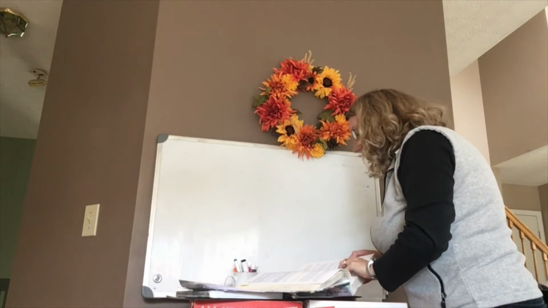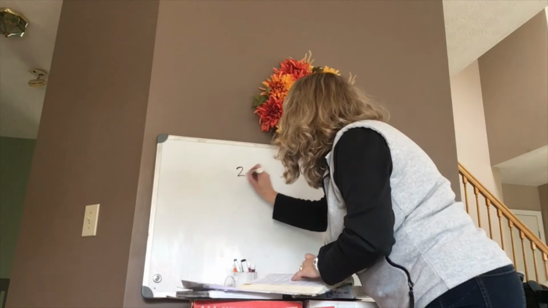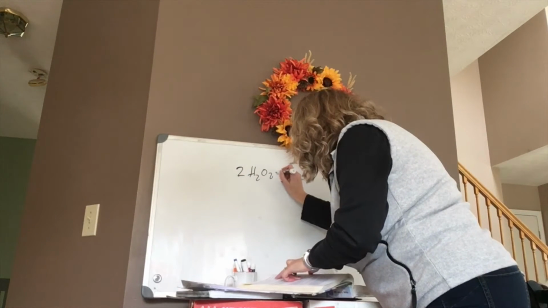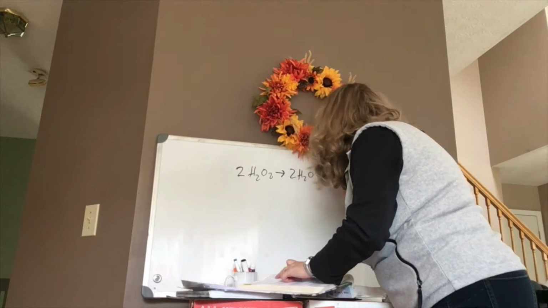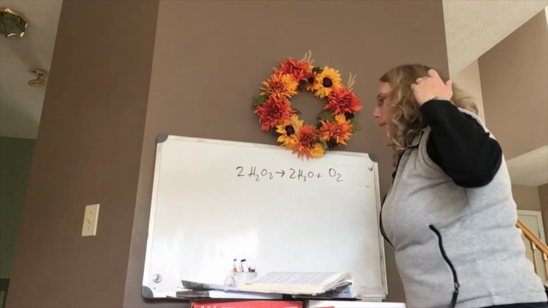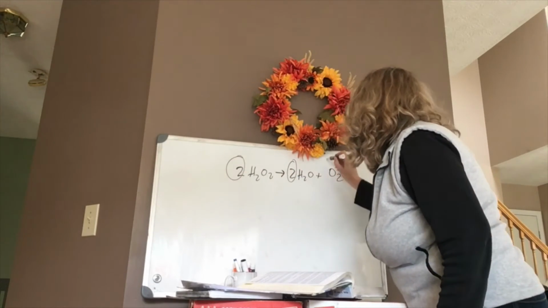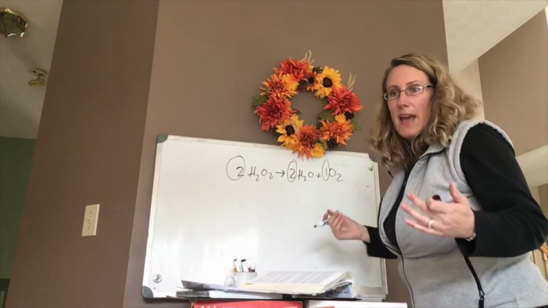On page 153, in a chemical equation, let's write one: 2H2O2 turns into 2H2O plus O2. In a balanced chemical equation, this is how many, and there's a 1 here that's not written in, that's how many moles I have.